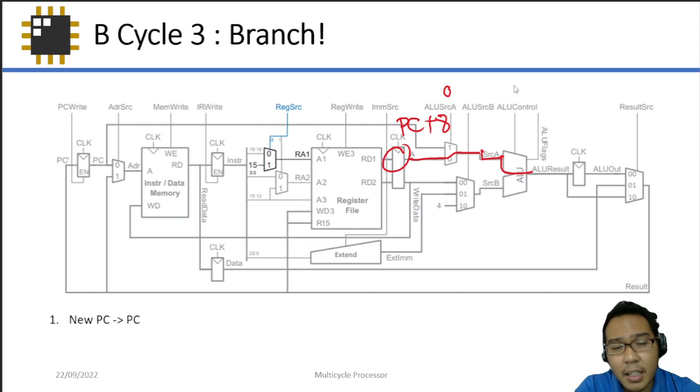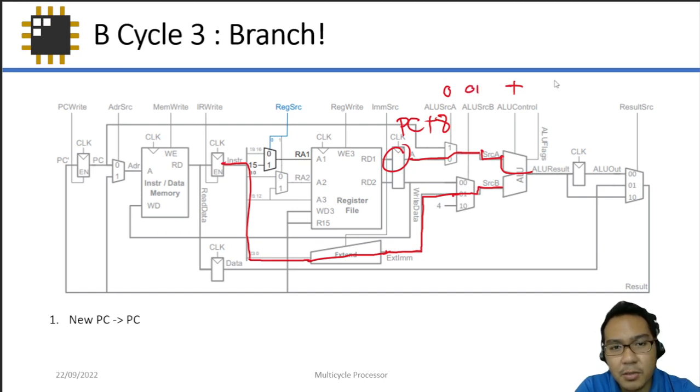And then you add again, and you get the immediate from the instruction that has not changed. I repeat, it has not changed ever since we fetched it. And we extend the 24-bit immediate of the thing, and then we add it to PC plus 8.